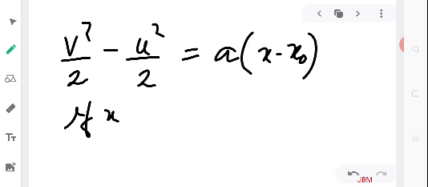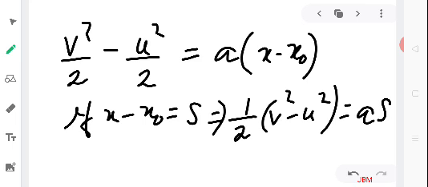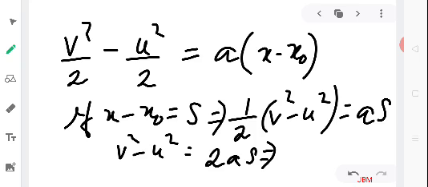Again similarly we can write x minus x0 is equal to s. So we can write down half into v square minus u square equal to a into s. So now you can write down v square minus u square equal to 2as, or you get v square equal to u square plus 2as.